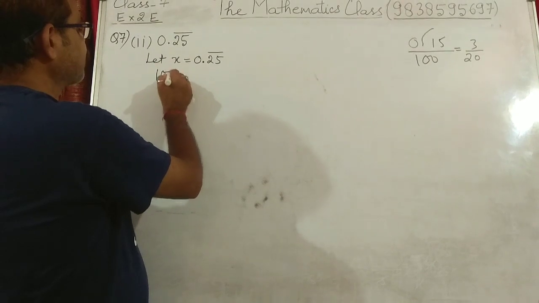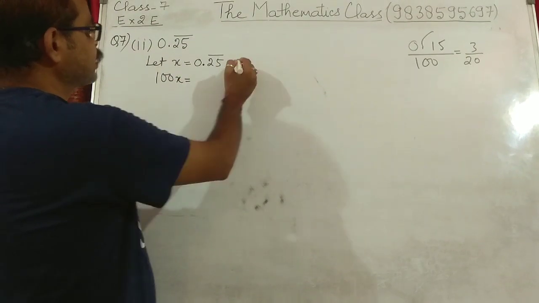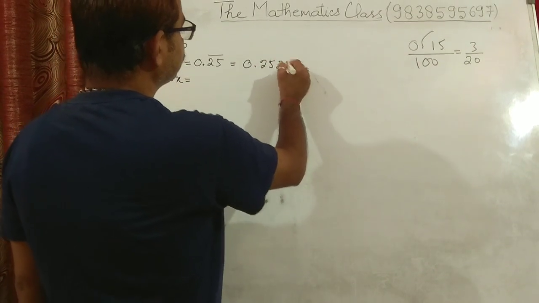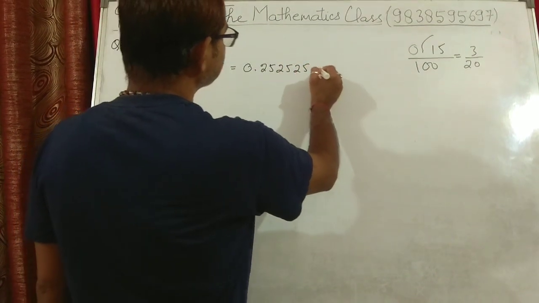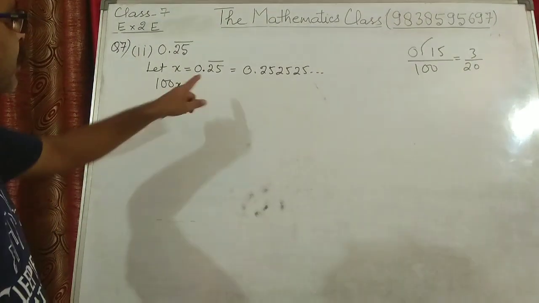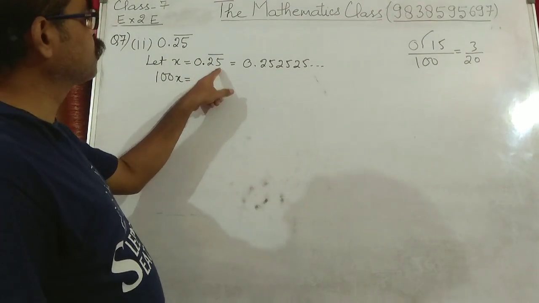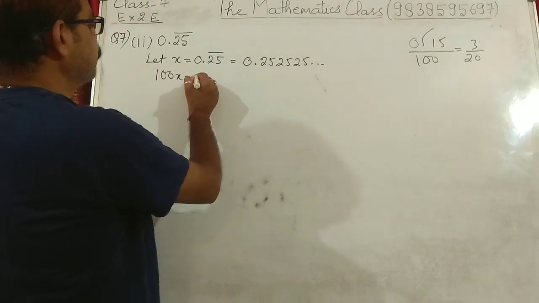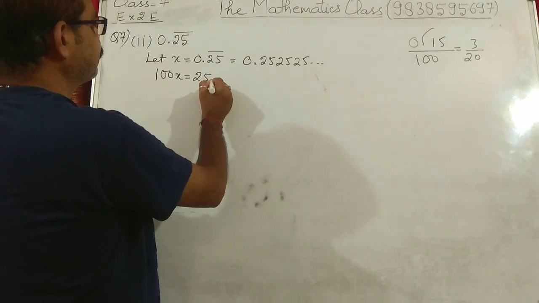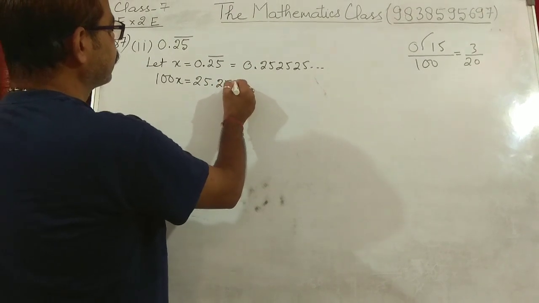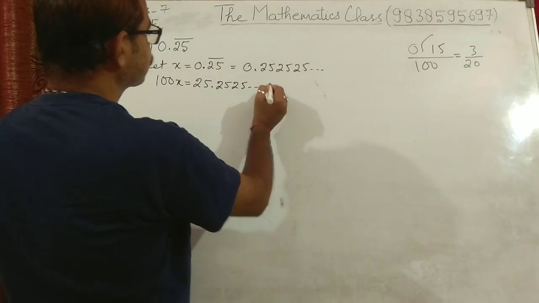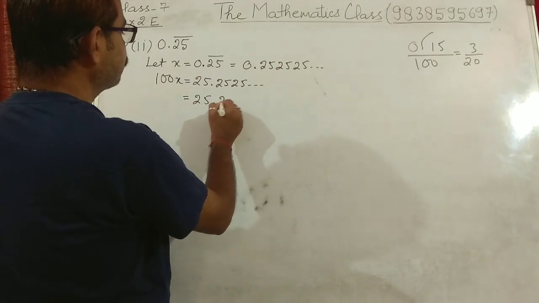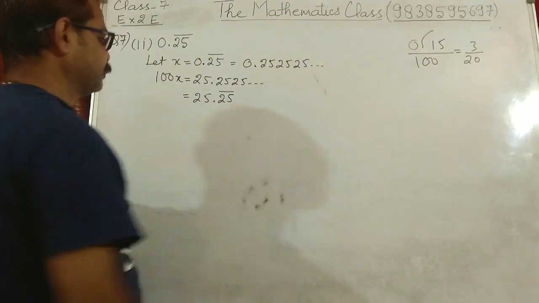So here it will be 100x, and this means what? 0.25, 25, 25 and so on. I want this decimal to move 2 points. So I have multiplied by 100. So now this will become 25.25, 25, and so on. So we can say this as 25.25 bar.